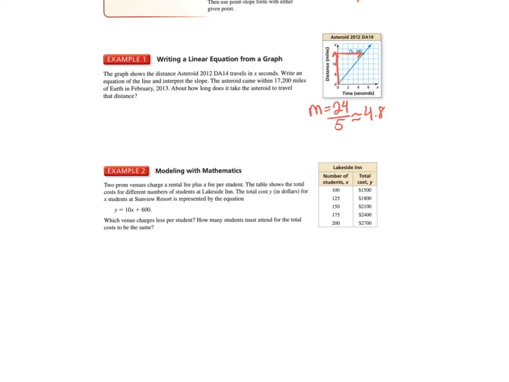And we have our y-intercept, which is 0. B is equal to 0. So we get a formula, y equals 4.8 times x plus 0. We don't have to put the plus 0.